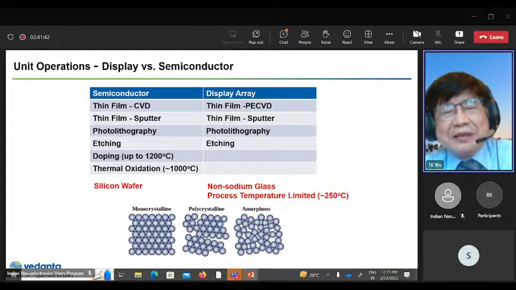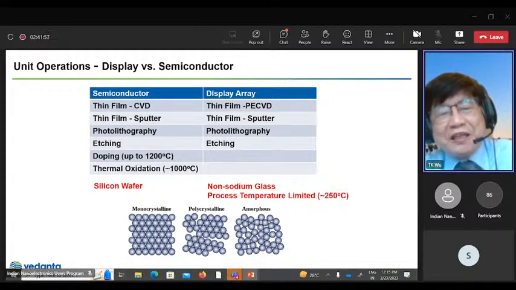The doping makes the contact. In display we call it thin film technology. We dope the thin film, like N plus phosphorus-rich silicon, to serve as a contact. And we also cannot use high temperature thermal oxidation.